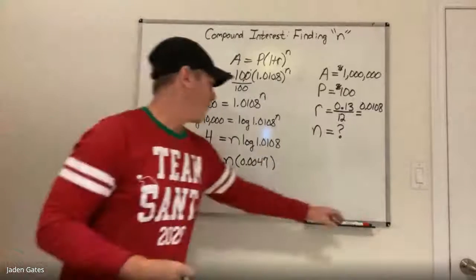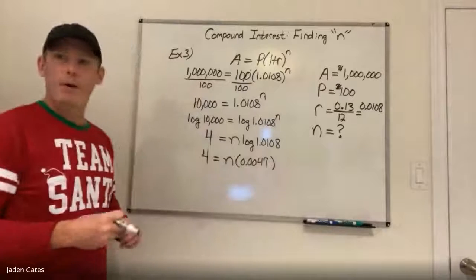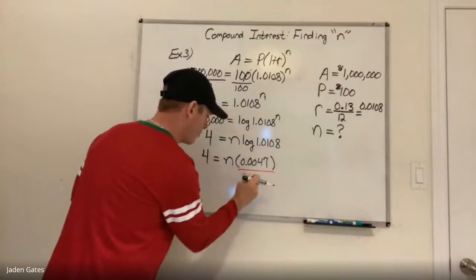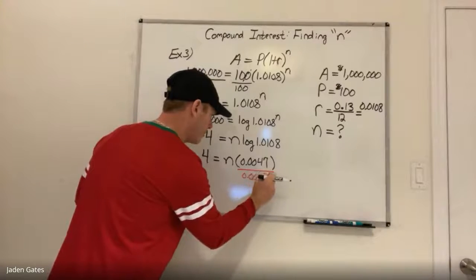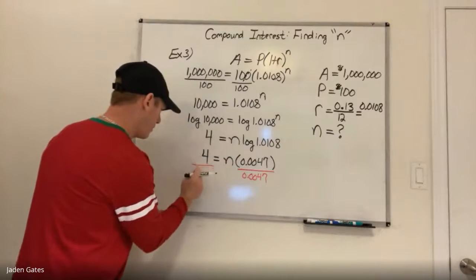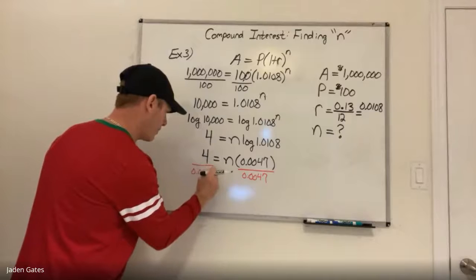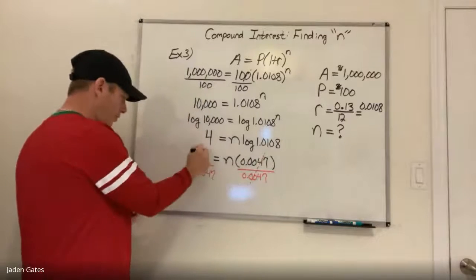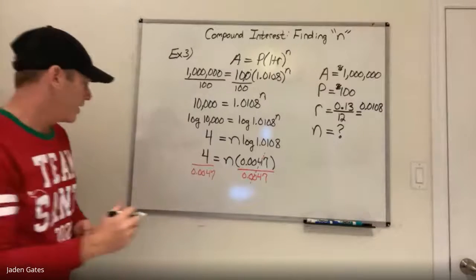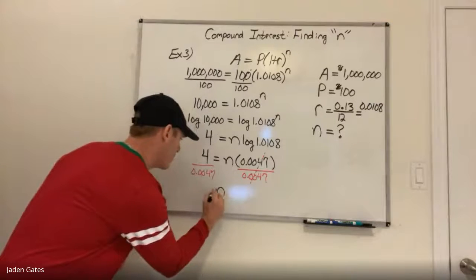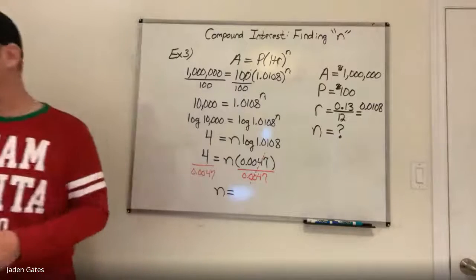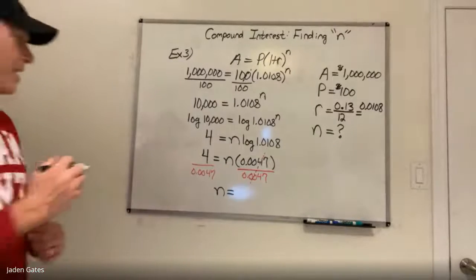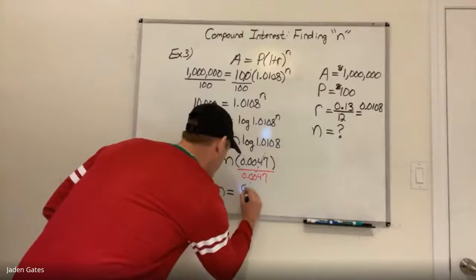All right, now, again, I'm going to divide by my numerical coefficient, which is 0.0047. Those divide each other out, and now I get my n value, which is going to be 4 divided by that 0.0047. And my n value, we get, let's see here, 851.